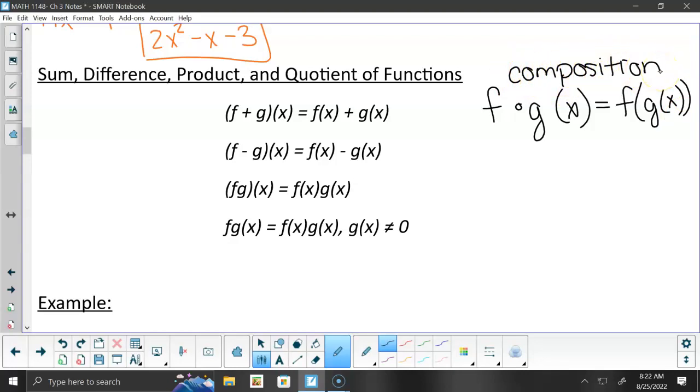All right, so essentially composition, you guys remember, you suck people in and then it comes down. That's kind of what a composition is. You take whatever g of x is and plug it in every time you see an x in f of x. But we won't really be working on this quite yet.